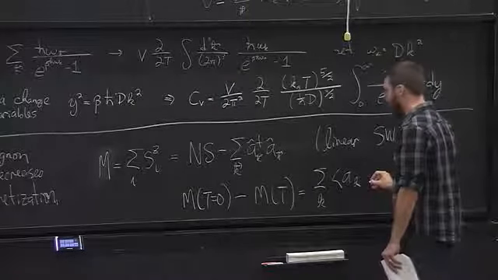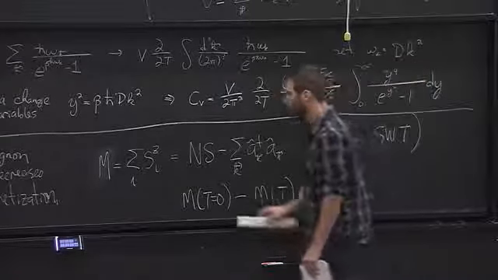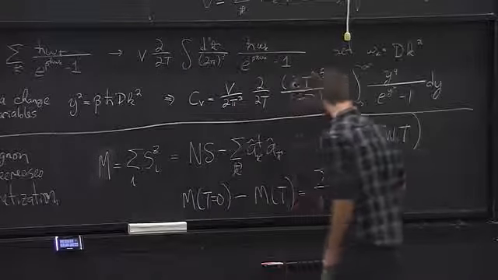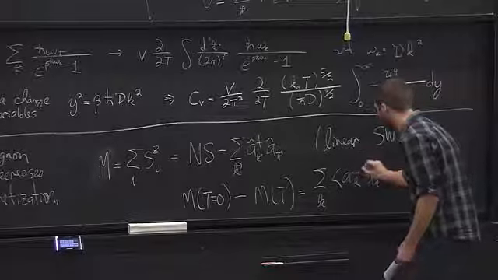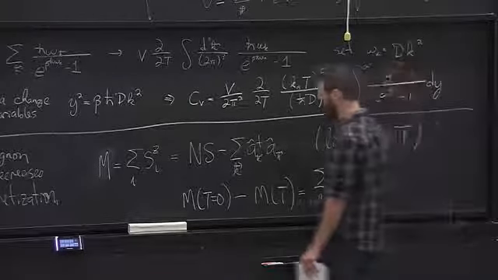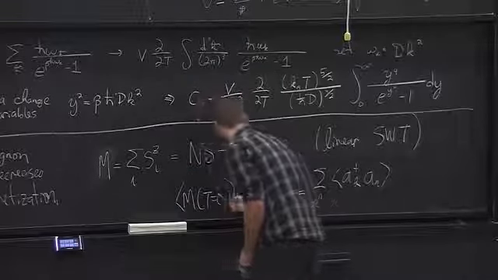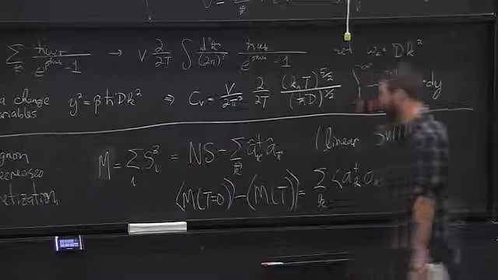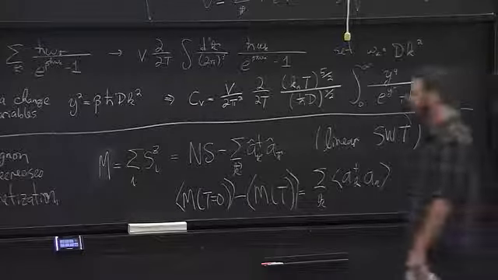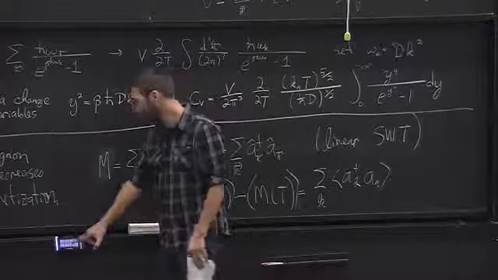So my notation's inconsistent here. This might just be the total Sz, but here I have to take the expectation value. So that's a thermal expectation value, and it's exactly like the energy calculation we just did.